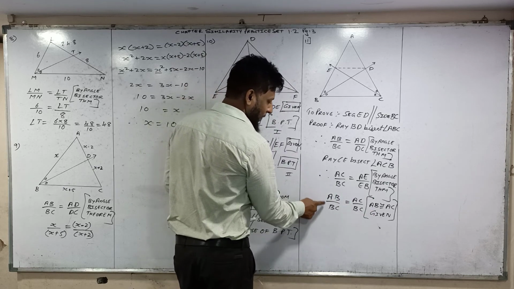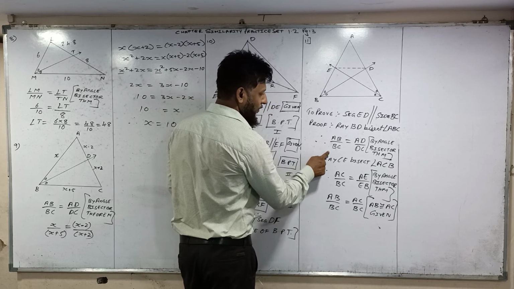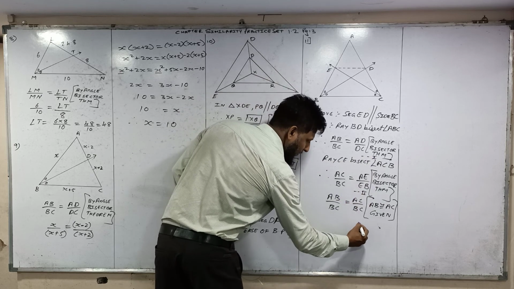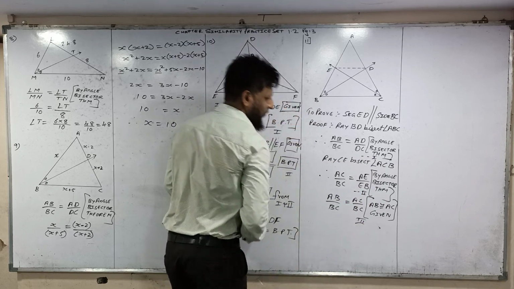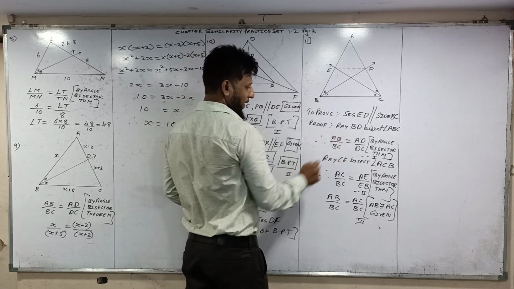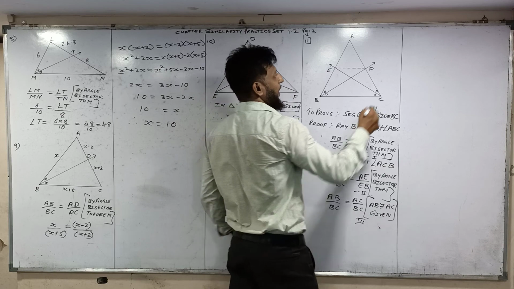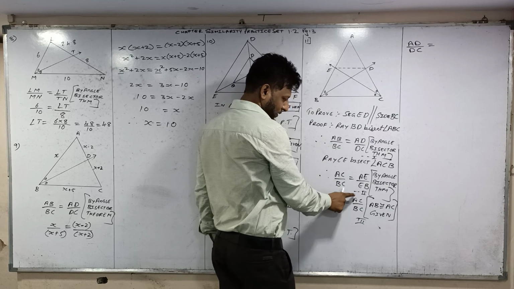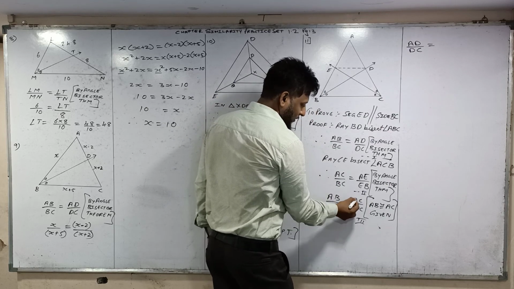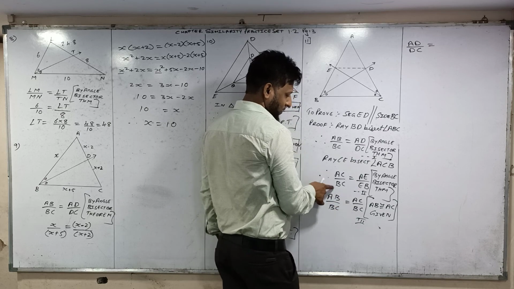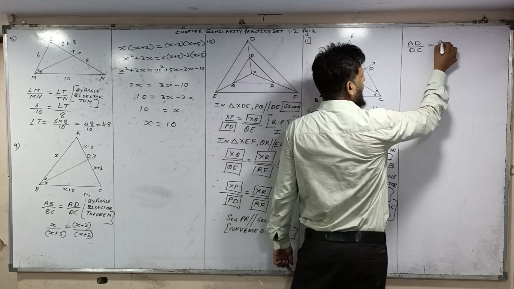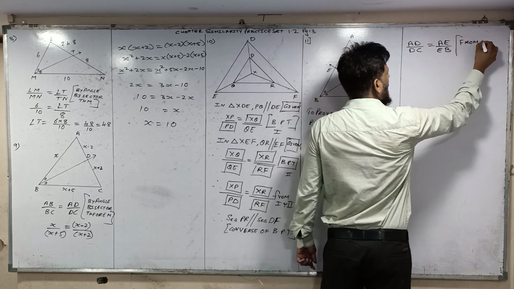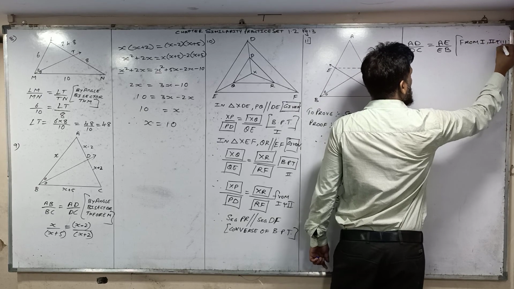Now for AB upon BC, AD upon DC, and AC upon BC, give the numbers 1, 2 and 3. If AB upon BC equal to AD upon DC, for this AB upon BC we can write AD upon DC, and for this AC upon BC we can write AE upon EB, from 1, 2 and 3.